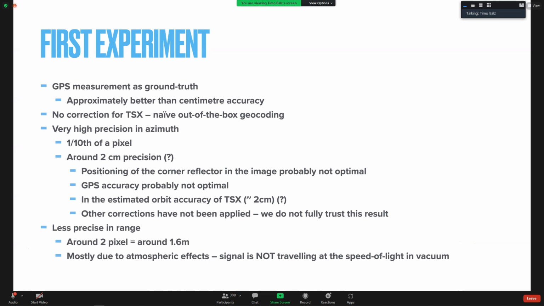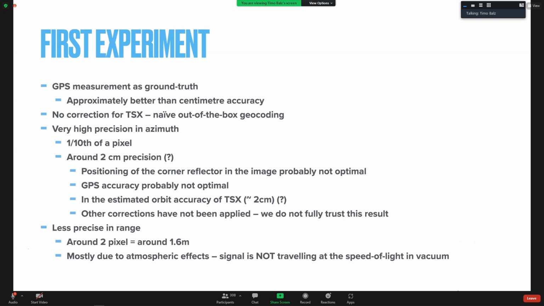And in range direction, that's the direction the signal is traveling, we were off by about 1.6 meters. So that's rather a big difference.